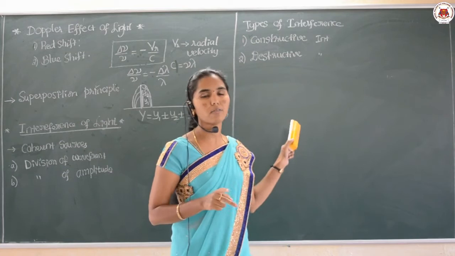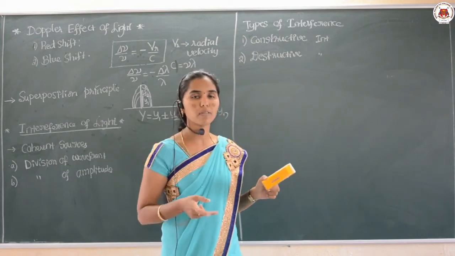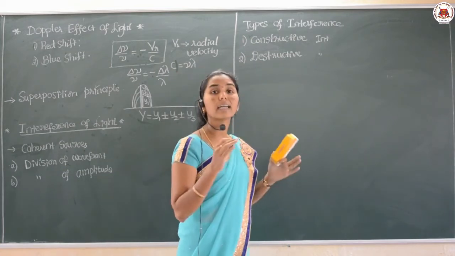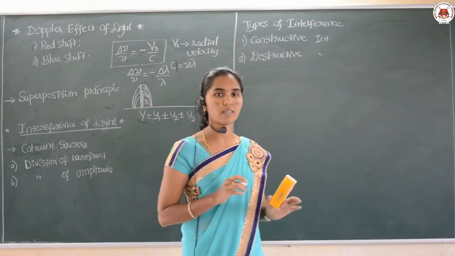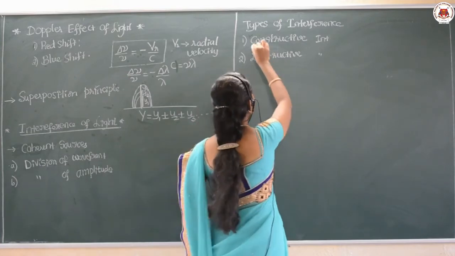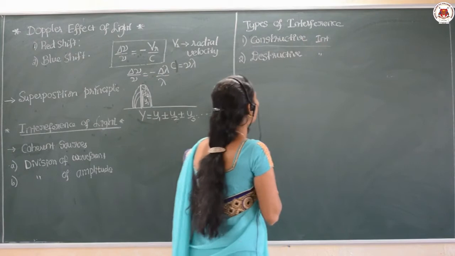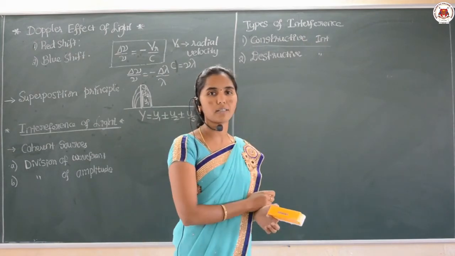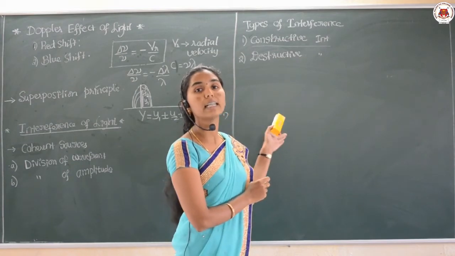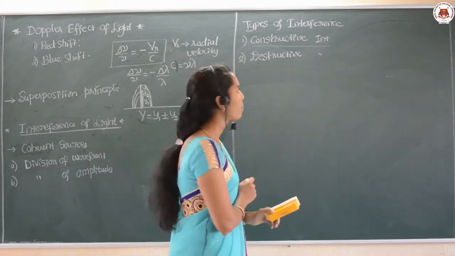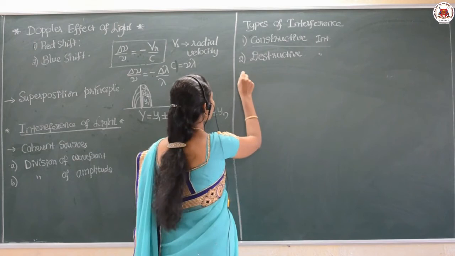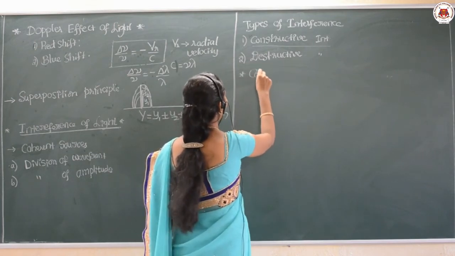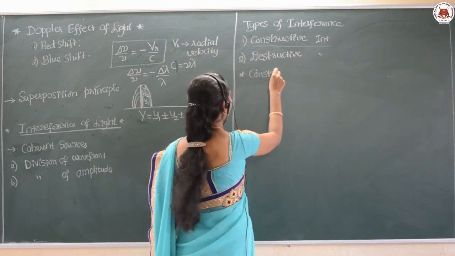Mainly we are classifying them into two types. The first one is the constructive interference, and the second one is the destructive interference. Then come, let us discuss the meaning of constructive interference.